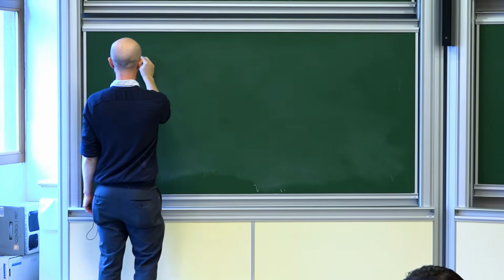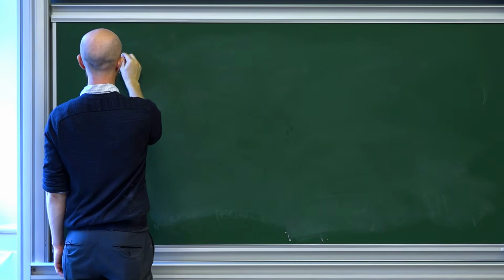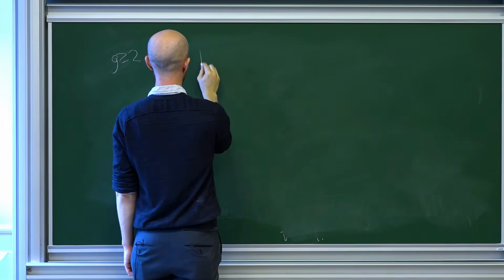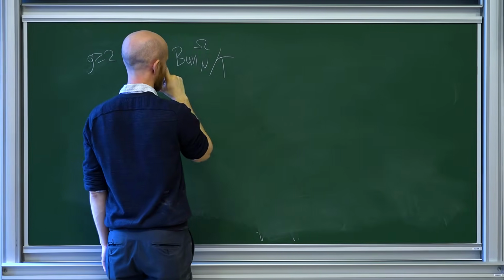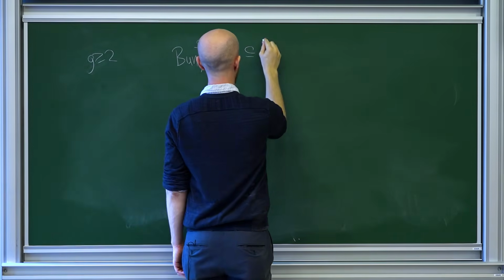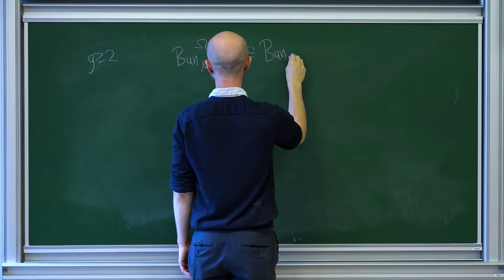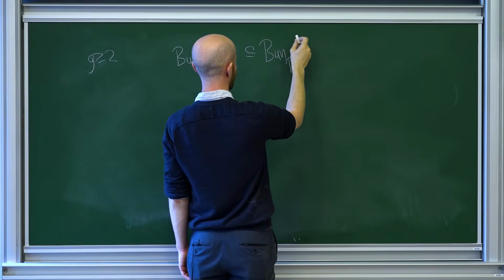Okay, so now when the genus is at least 2, this Bun_N^ω mod T, well, it's contained inside of Bun_B with some sort of fixed degree.